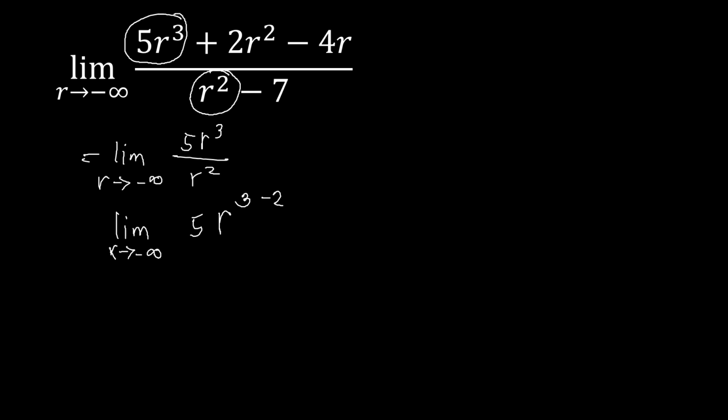So we've got the limit of 5 r to the power of 3 minus 2, that's 1, as your r approaches negative infinity, and then we replace r with negative infinity. So this is now 5, and then r will be negative infinity. Then this will be equal to positive 5 times negative infinity. That is still a negative number. So we've got negative infinity as the limit of this.